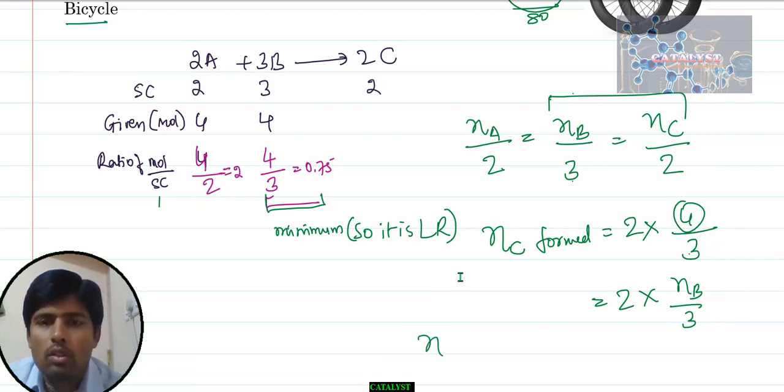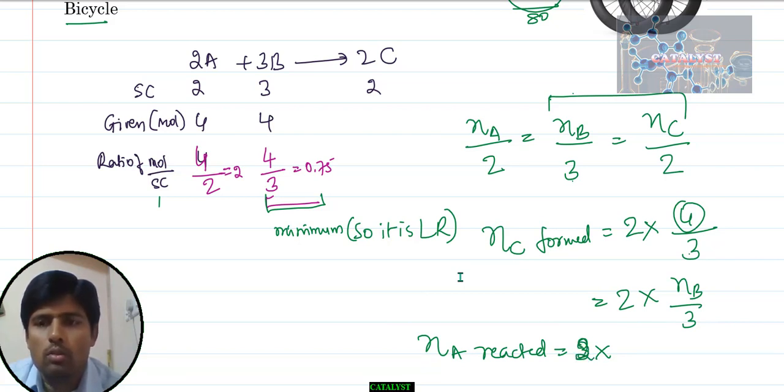Similarly, number of moles of A reacted. So A reacted is equal to, again from this equality I should be calculating it as 3 into, not 3 into, it should be 2 into, because the denominator here is 2.